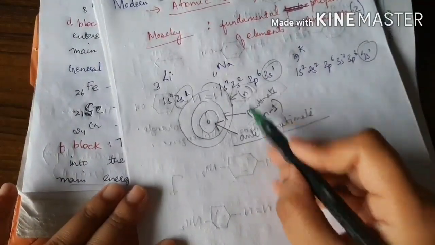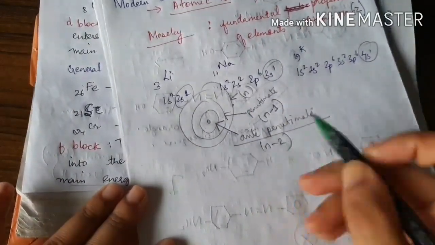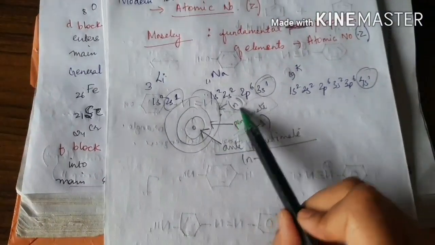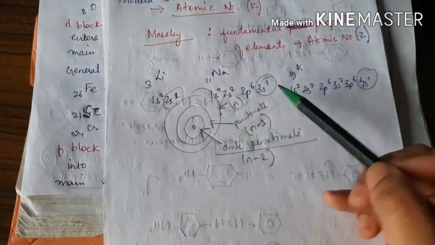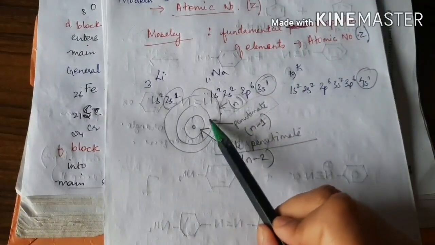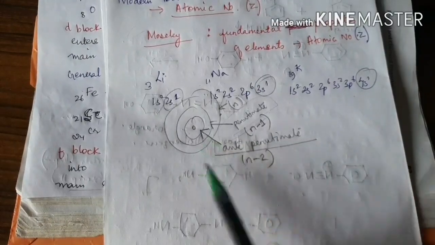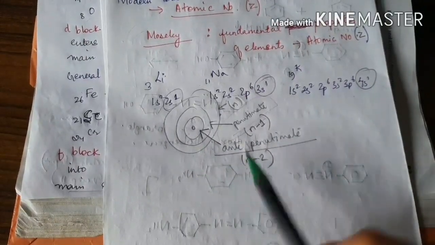Outermost is n, and n minus 2 is your anti-penultimate shell. I hope you understood. Outermost is n, the valence shell, then one step inside is the penultimate shell, second last. Third last is called the anti-penultimate shell, n minus 2.